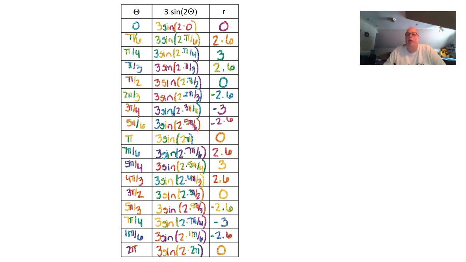The radii are how many circles we need to move forward or backward away from the angle. We'll be drawing the point 0, 0, the point positive 2.6, pi over 6, positive 3, pi over 4, and so on. So let's graph all these points and see what they look like on the polar paper.